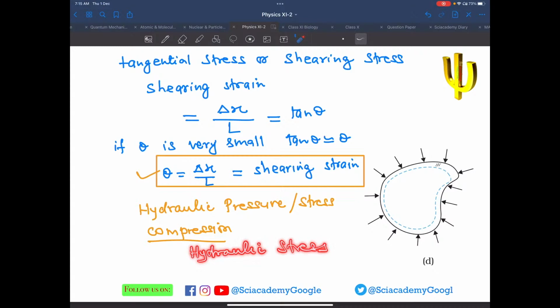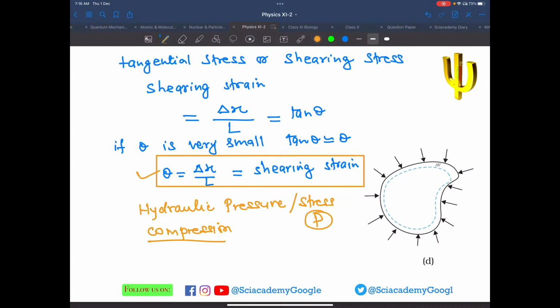Its magnitude is equal to the hydraulic pressure, that is the applied force per unit area. Therefore, hydraulic stress is nothing but the hydraulic pressure.